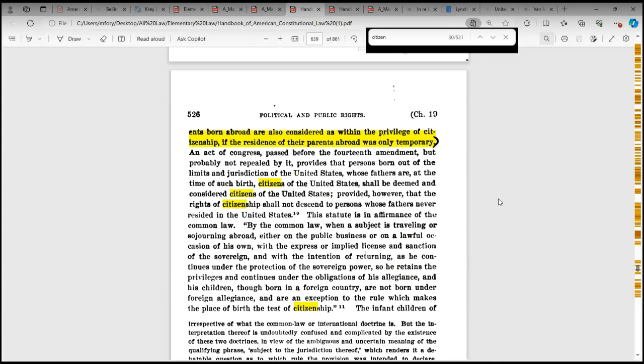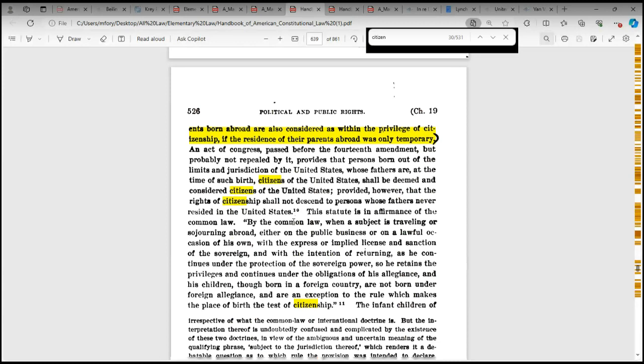The 14th Amendment is only birth here and naturalization. These are other principles. Meaning if you are residing somewhere else and you're a U.S. citizen and you have a kid, well, through bloodline, like the Romans, you are also a citizen of the United States. Provided, however, that the rights of citizenship shall not descend to persons whose fathers never resided in the United States.